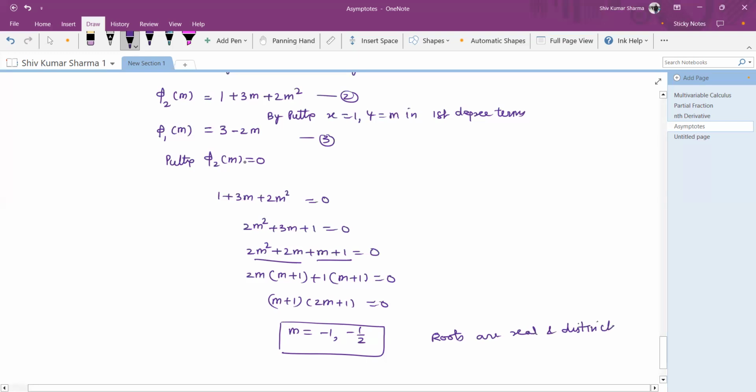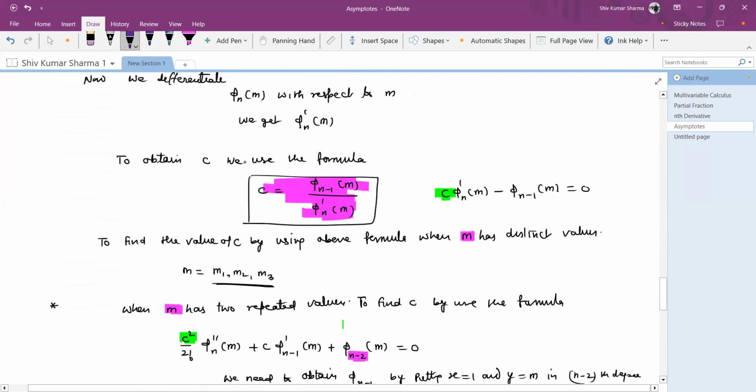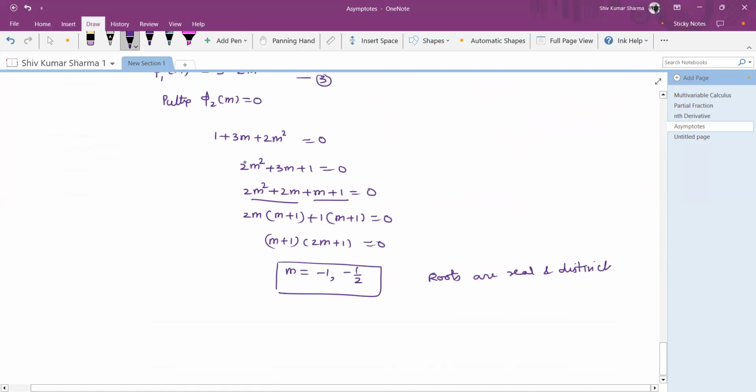For obtaining the value of c, we use the formula c is equal to minus phi n minus 1 m upon phi dash nm.